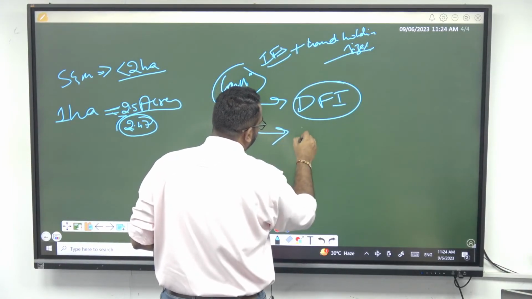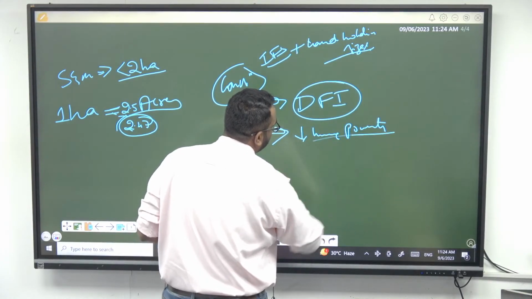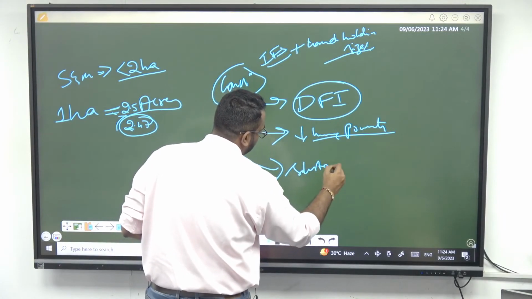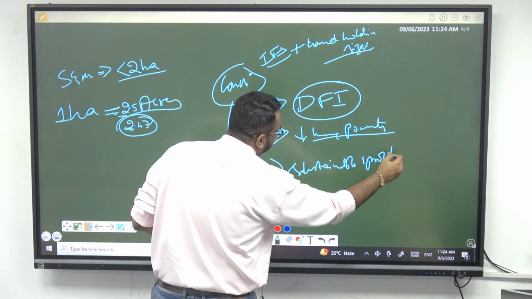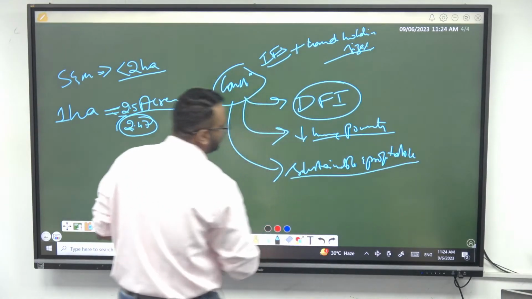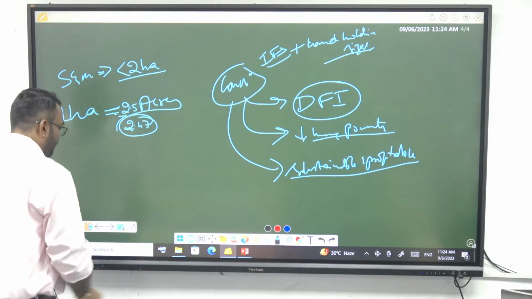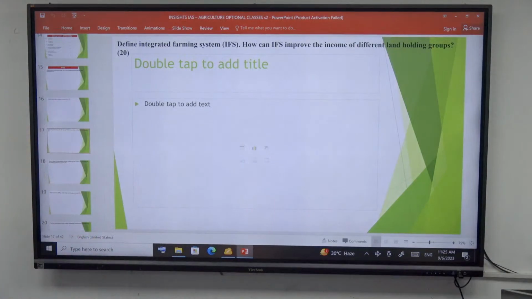And also it will reduce hunger and poverty, correct? And also it is sustainable and profitable. So these things can be provided here. Clear? Are you getting the hang of this now? Because essentially the questions are easy, but by apparent look it will be tough. If you break it down like this, then it will be easy.